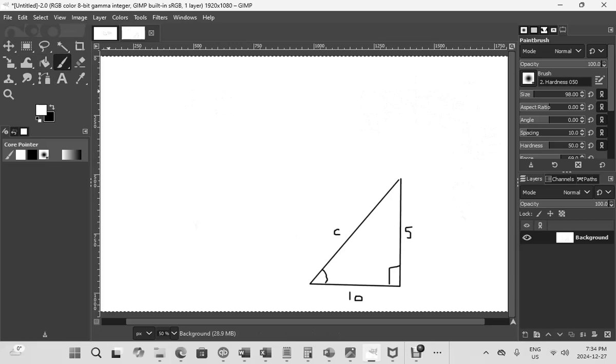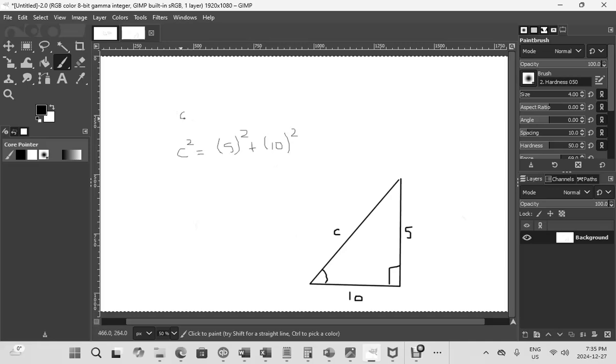So to solve for this, what you want to do is find C. C squared equals 5 squared plus 10 squared.